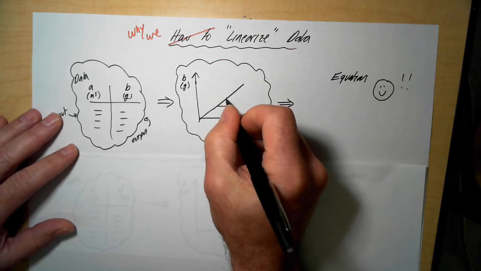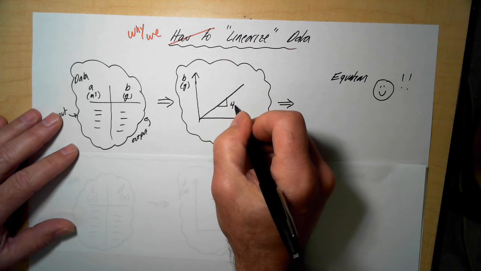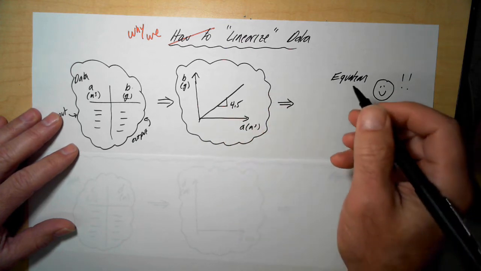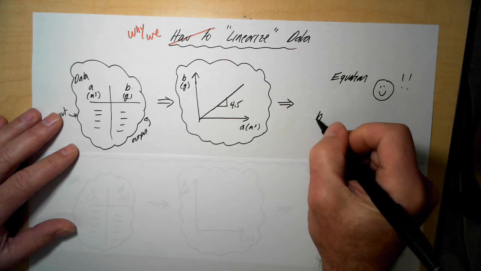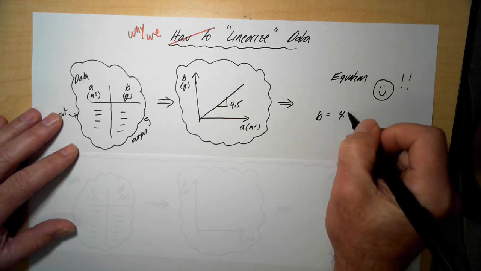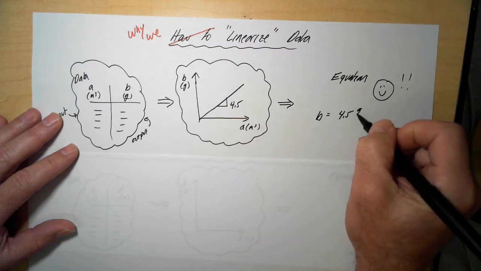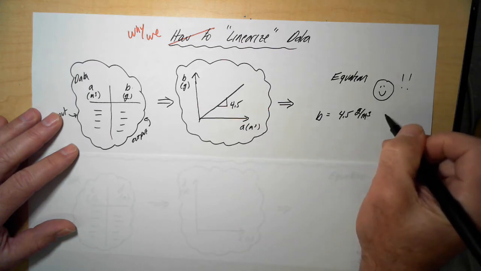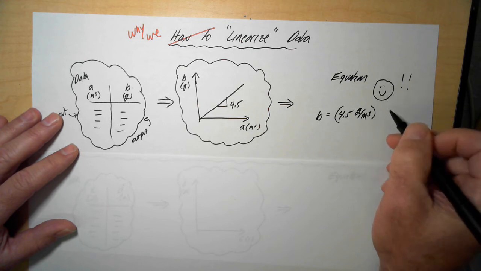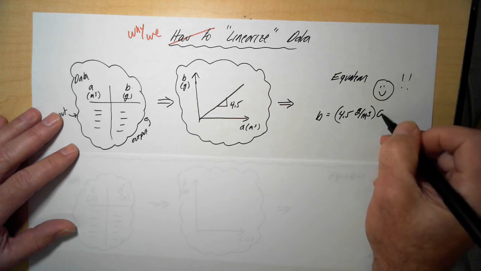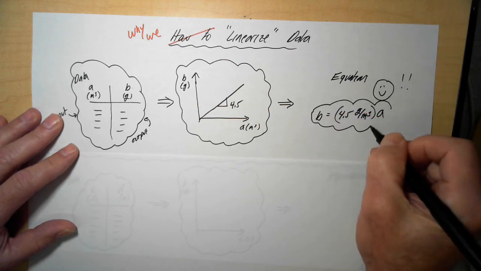Suppose you measure the slope and it's 4.5. Then your equation simply is B equals 4.5 units of rise over units of run, grams per meter cubed, which looks like density to me, times A, and you're done, and you feel good about that.